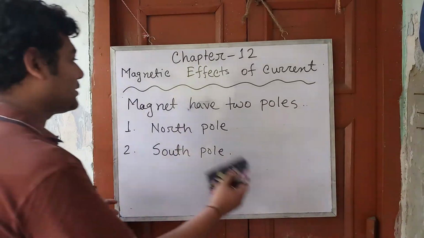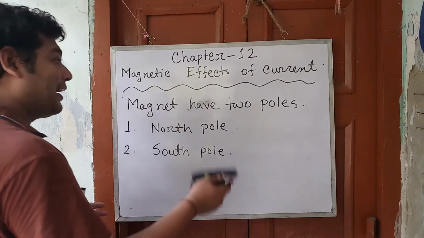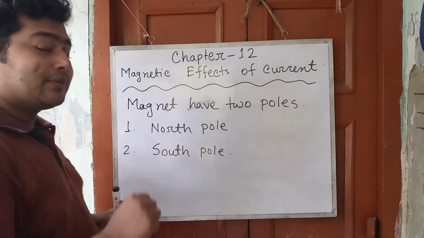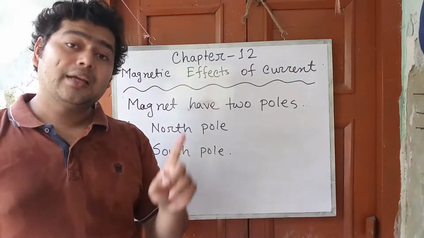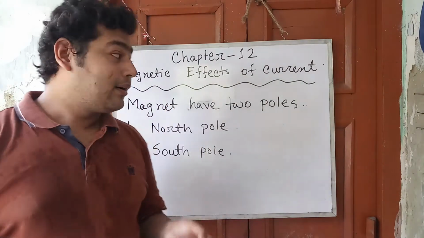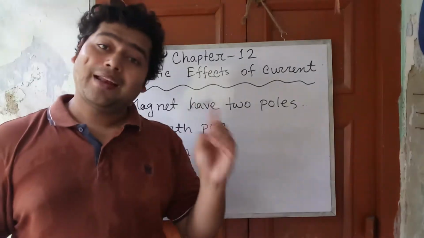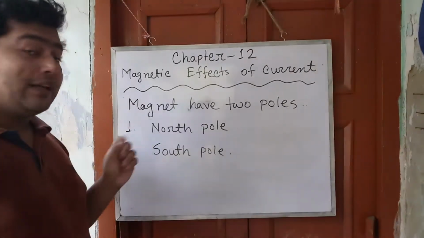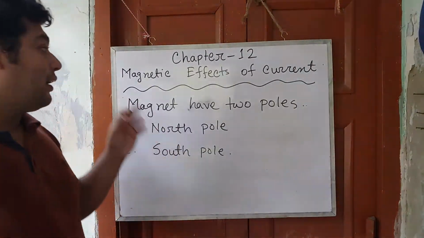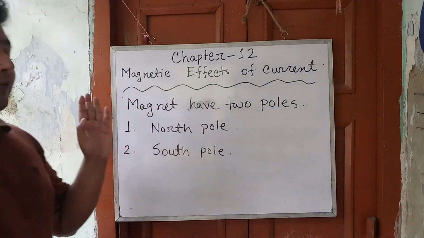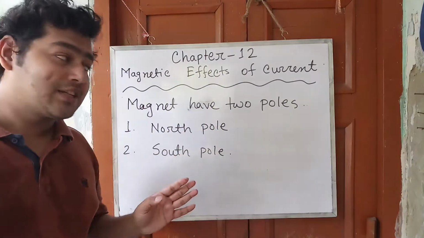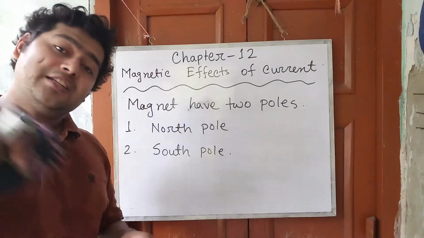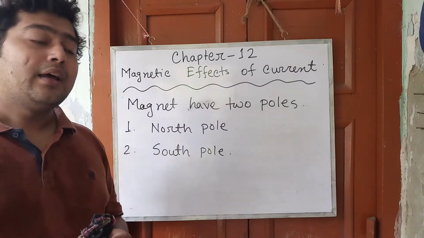Now I am discussing how we get the magnetic field. The magnetic field is a vector quantity, so it has a magnitude as well as direction. It is a very important topic, and by flowing current in different directions we get the magnetic field in different directions.